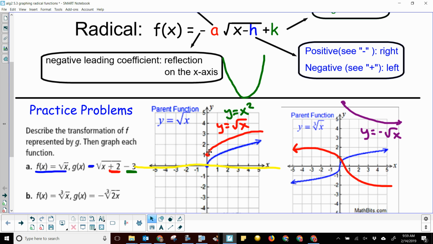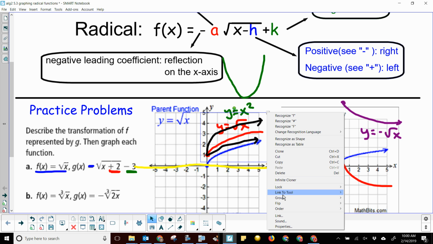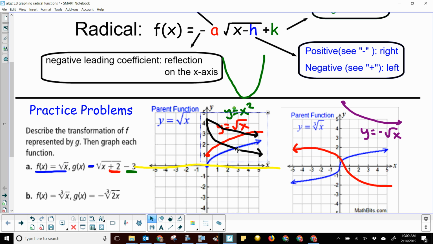Your a value is going to make it potentially wider or skinnier, just depending on that number. And a negative here will take this and flip it where it looks like that, which I can actually now get rid of.